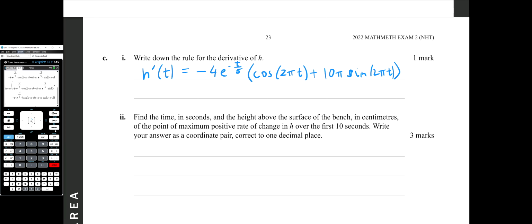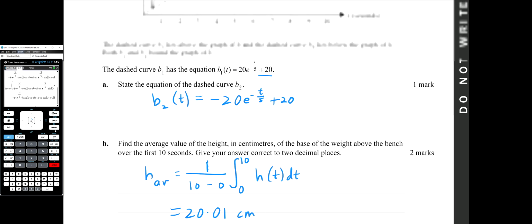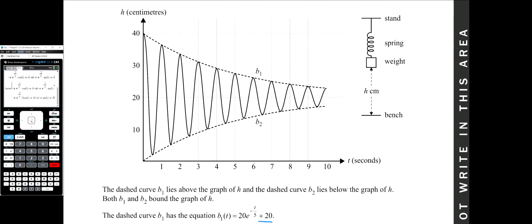Okay, part 2. Find the time in seconds and the height above the surface of the bench in centimeters of the point of maximum positive rate of change in h over the first 10 seconds. Write your answer as a coordinate pair correct to 1 decimal place. So we're looking for the maximum positive rate of change of h. If you look back here, we're basically looking for the time at which the graph is rising most rapidly.